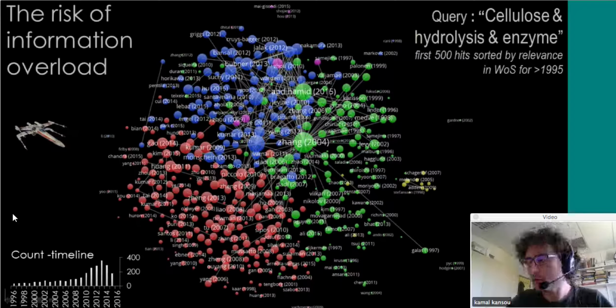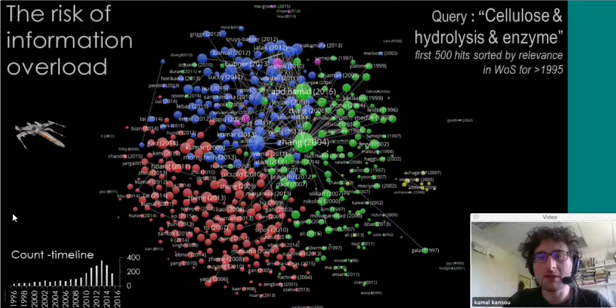So, first of all, as you might know, there is a massive production of scientific documents and studies about topics in natural science, and this is represented here in this citation graph that we designed from a query in the Web of Science, a query about cellulose and hydrolysis.